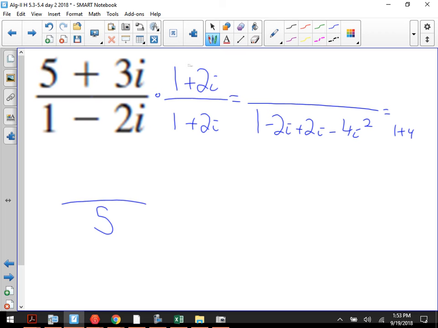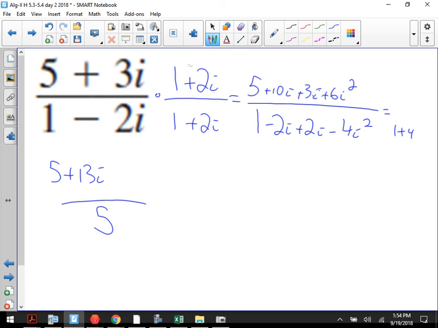Okay. Foil out the numerator like we did earlier. We get 5 plus 10i, 3i plus 3i, and then it's plus 6i squared. Well, that means I get 5 plus 13i, and what's 6 times i squared?